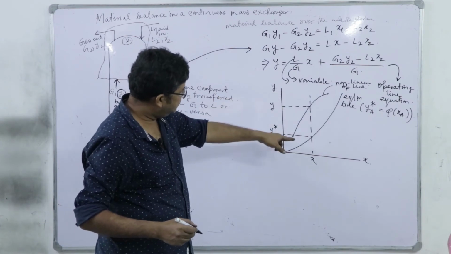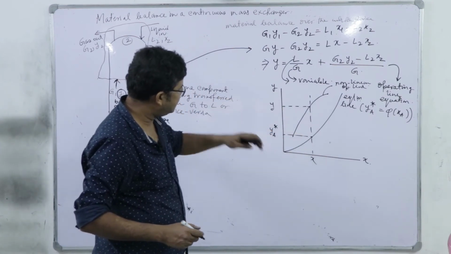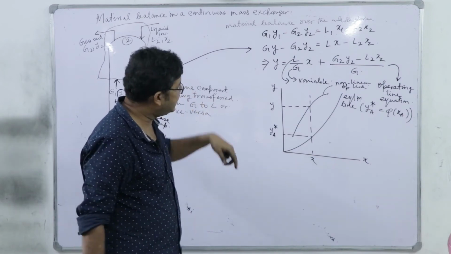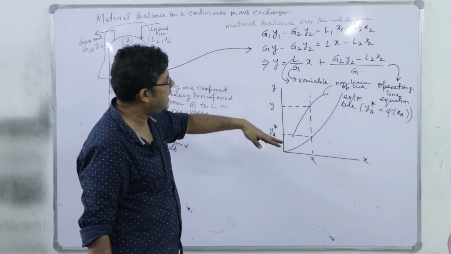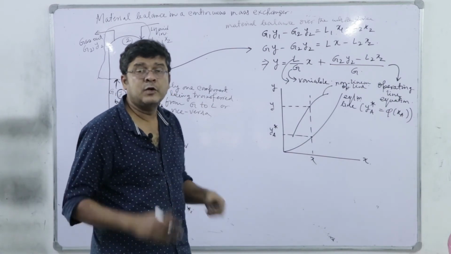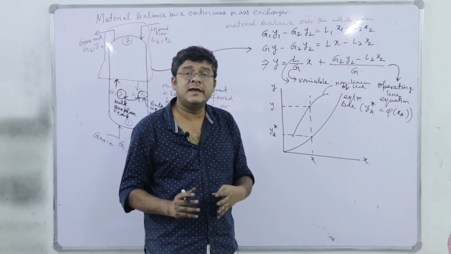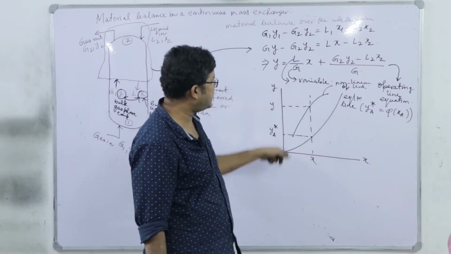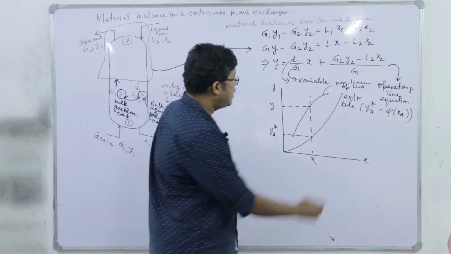So at this interface we can think that this YA star is lower than y, and the operating line is above the equilibrium line, which means the solute is getting transferred from the gas phase to the liquid phase. So this is the typical operating line for absorption.